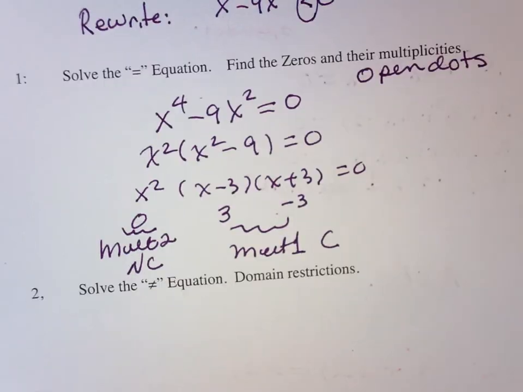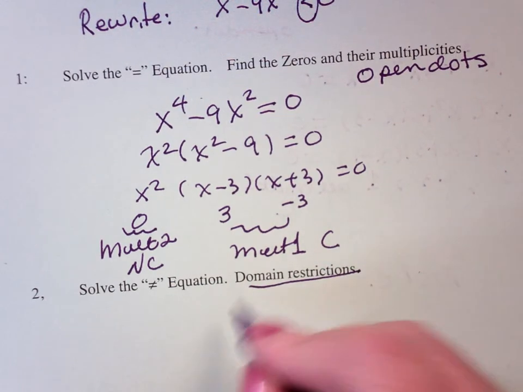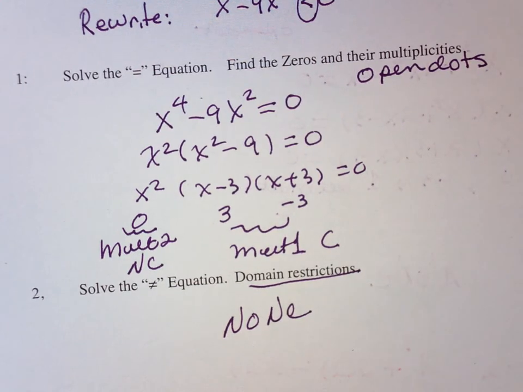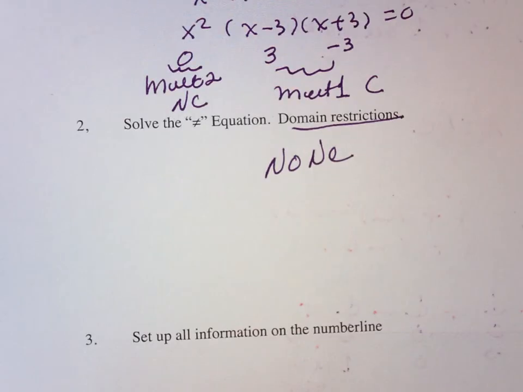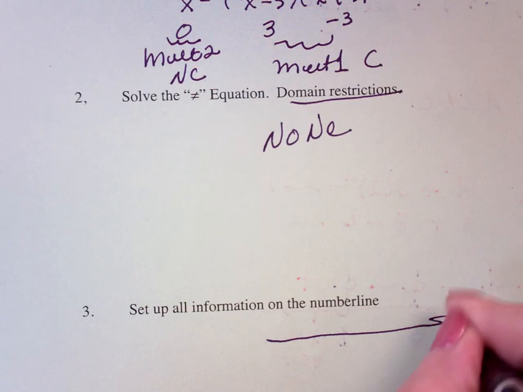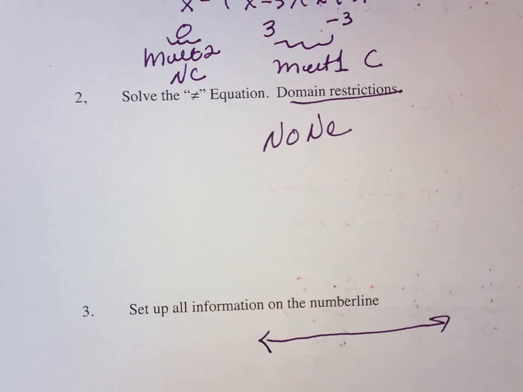If I look at the not equal, those are the domain restrictions. This guy's domain is all real numbers, so there are none. And then we put all this information on the number line, which, of course, we've said is the x-axis. What do we put on?